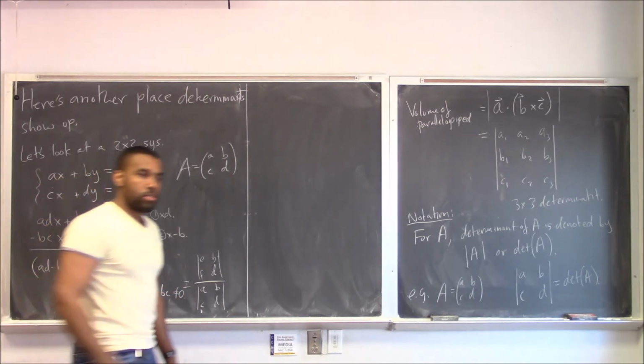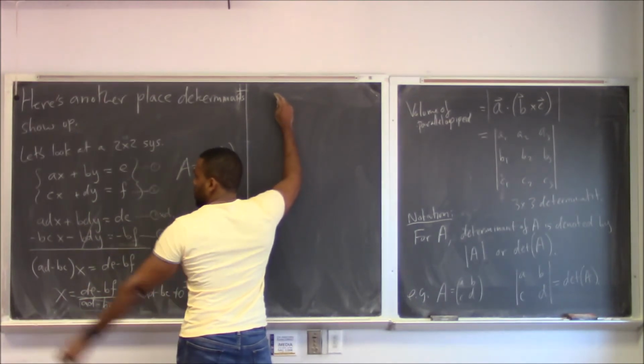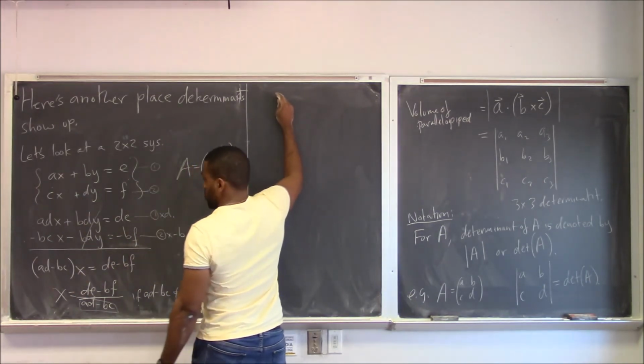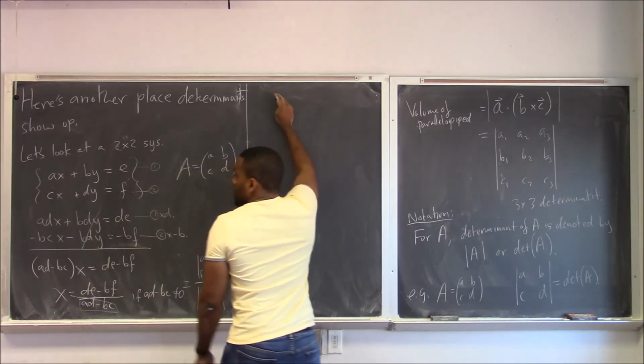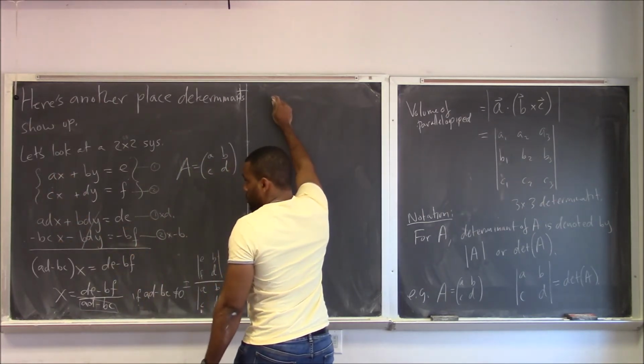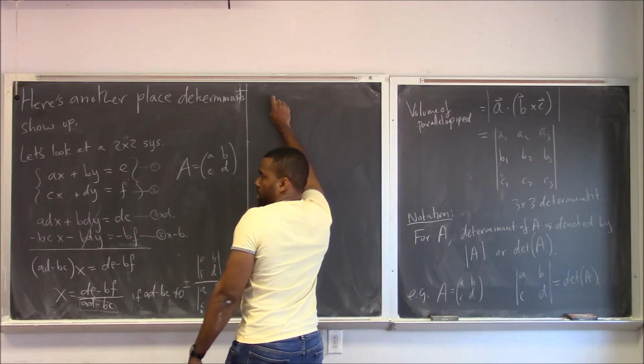Let's actually do the same thing for y. So let's say I wanted to solve for y, so I wanted to eliminate the x. I can do that, I just want these two guys to be the same. So how can I eliminate the x?